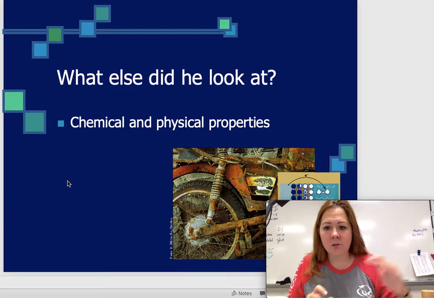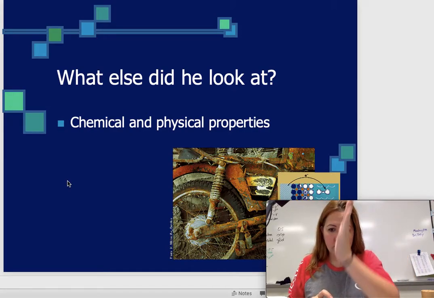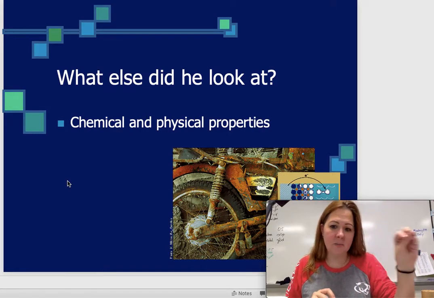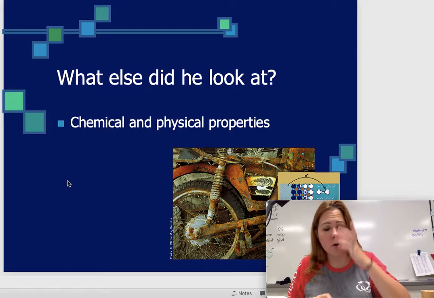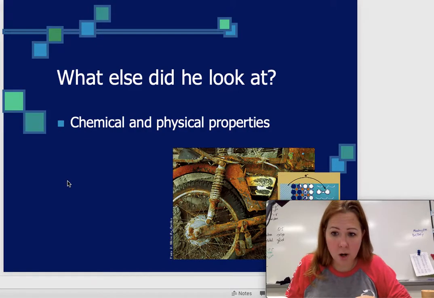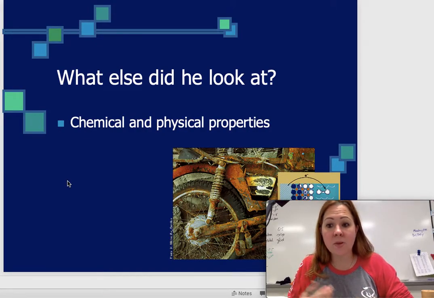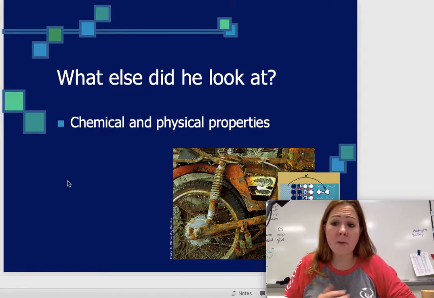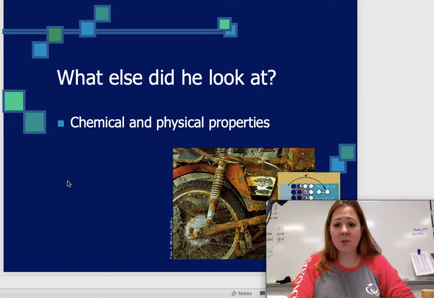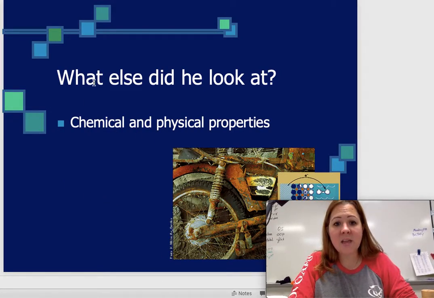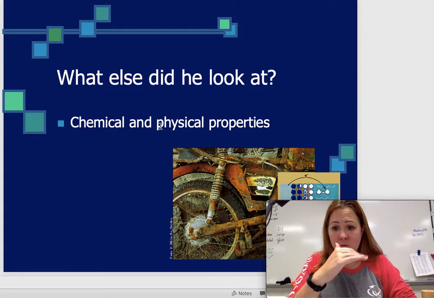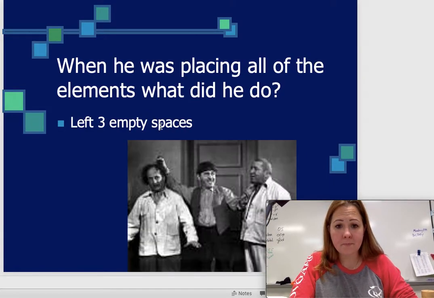So he wanted to make sure that if they're all in a line this way or all in a line this way, that they're going to have similar characteristics to one another. So maybe they all react with water similarly, or maybe they all react with oxygen similarly, or maybe they don't react with anything at all. So he wanted to make sure that they had these same properties when they're all in a line together, whether that's horizontal or it's vertical.